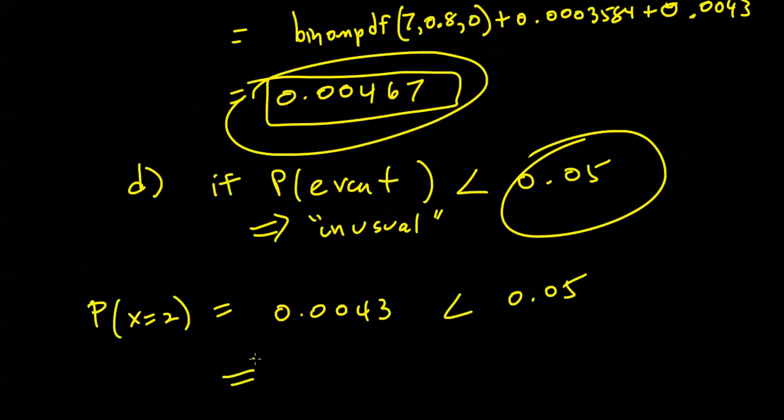So we claim that the event that x equals 2 is unusual. Again, by our author's guidelines. And I'm reading the author's answer here for number 30 to part D. It says, yes, the small probability from part C indicates that 2 is unusually low. Okay? Alright.